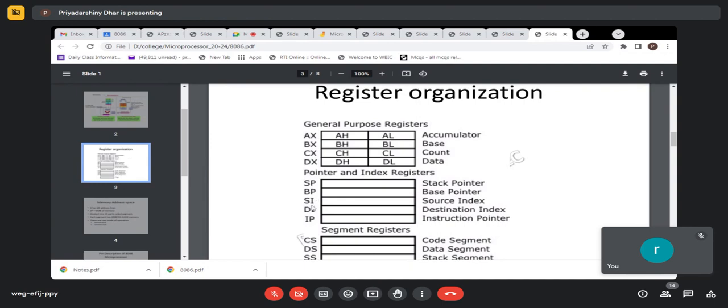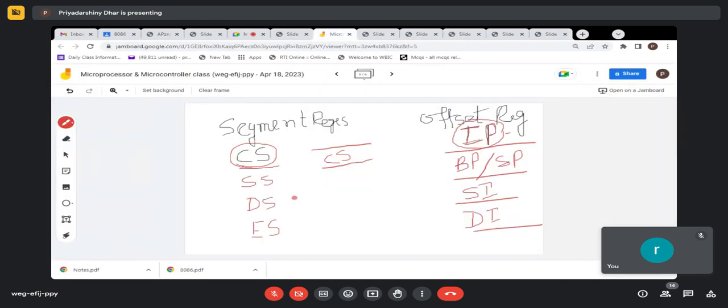Basically SI holds the offset address of the data segment, and the destination index register holds the offset address of the extra segment. These SI and DI are basically used to store data temporarily, not permanently. Now this is our register organization.